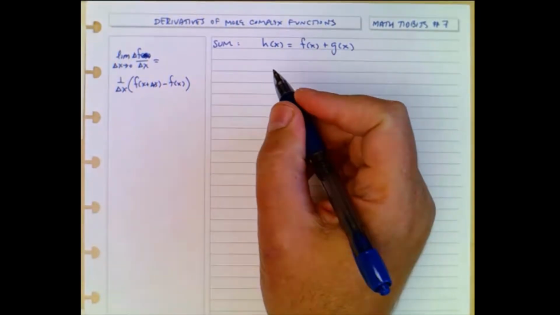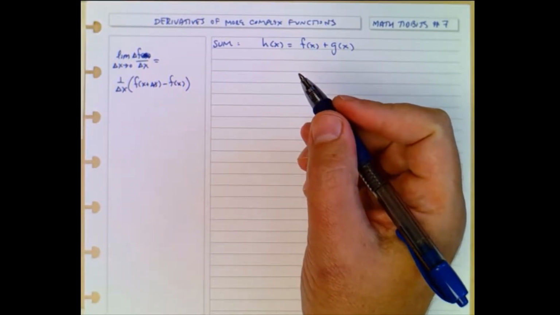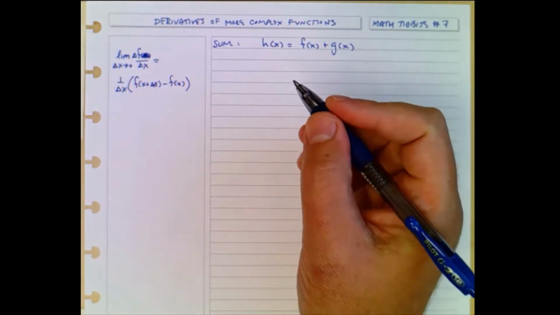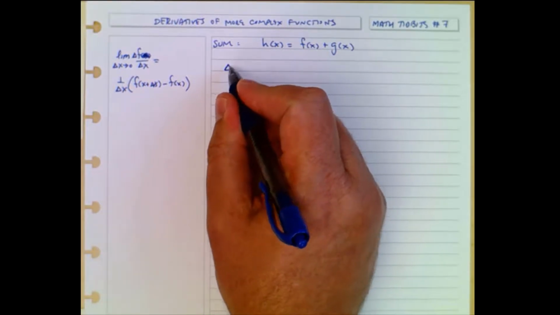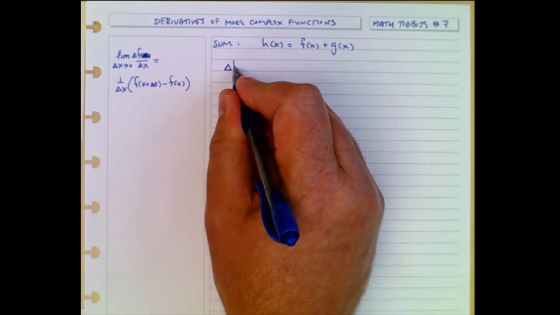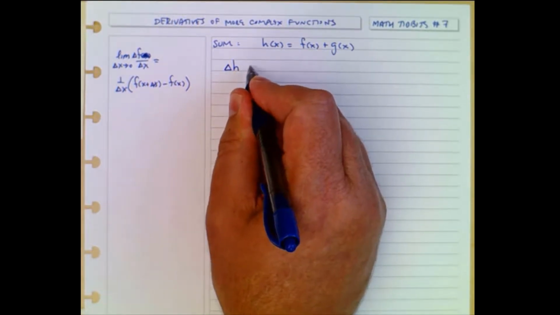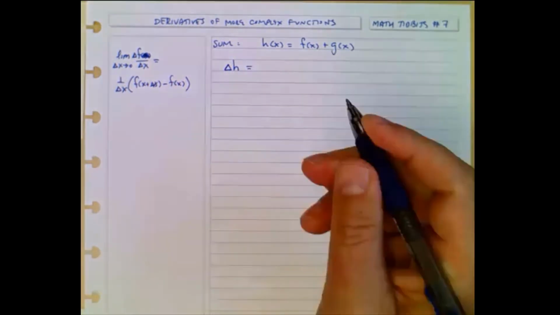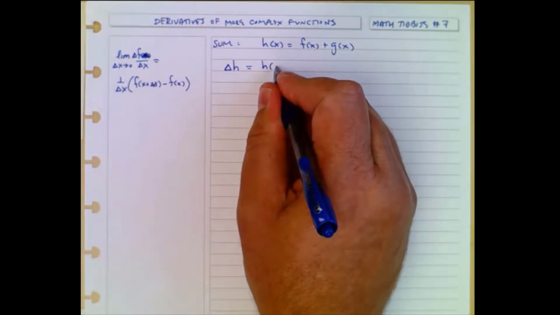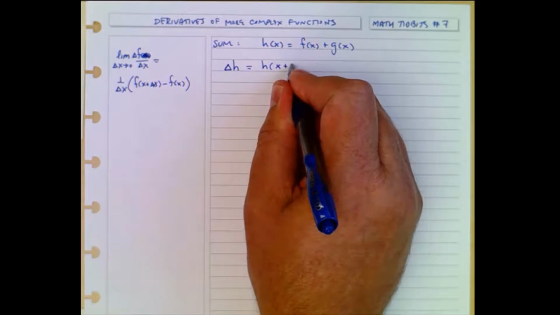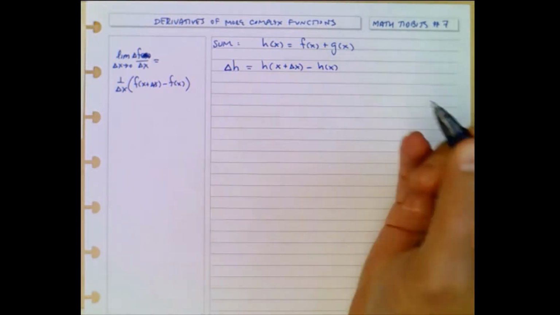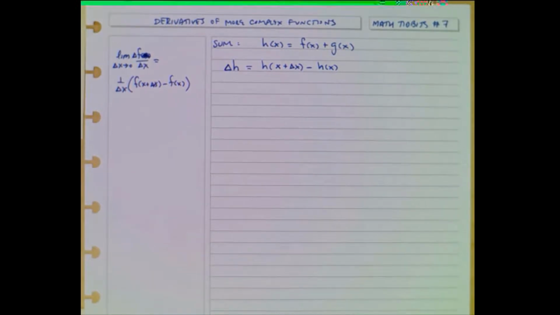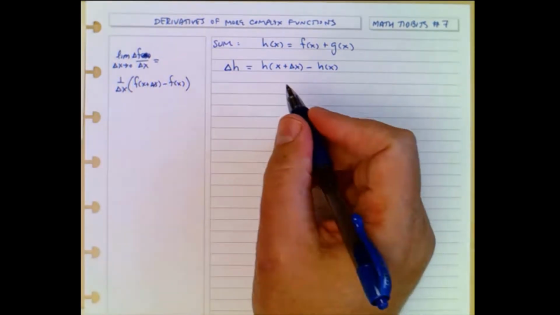So that's how we've defined it. And when we have used this principle previously, we've started by calculating the difference in the function h. So we'll just call that delta h. That's h of x plus delta x minus h of x. And we will calculate this and then divide by delta x and then take the appropriate limit.